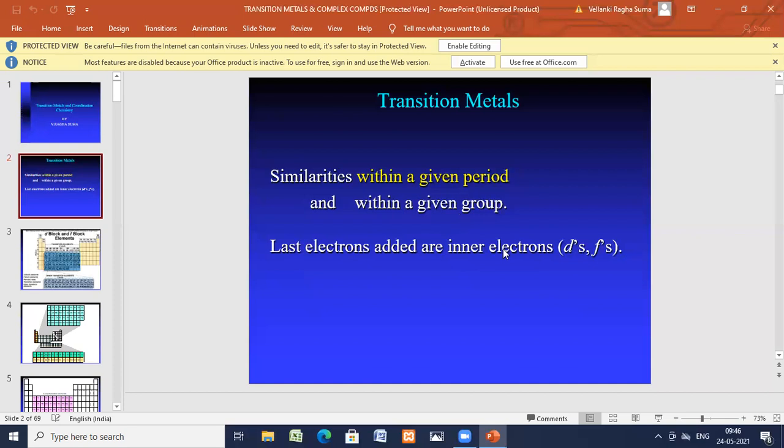So in the d block we have 40 elements with atomic numbers from 21 to 30, 39 to 48, 57, and 72 to 80, 89, and 104 to 112, arranged in four periods in the periodic table.